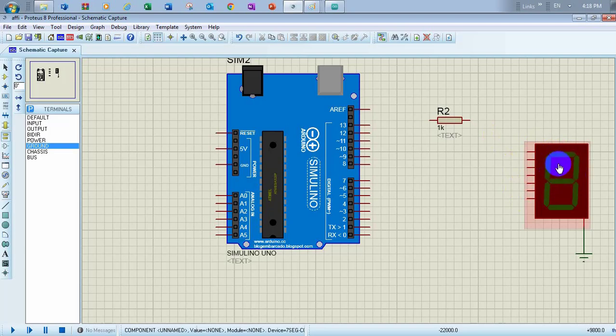When injected, it lights up. When not injected, that segment turns off.